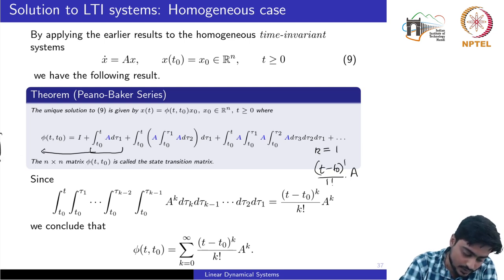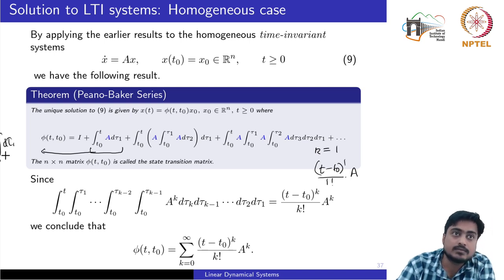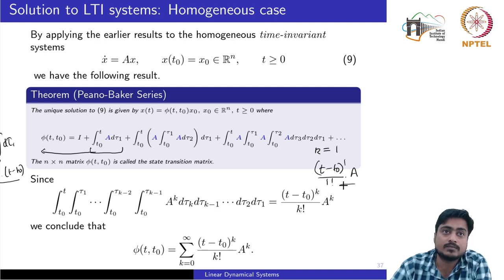It would be the integral from t0 to t of d tau 1, and this one is basically given by t minus t0. Just for better visualization, you can also consider k is equal to 2 and k is equal to 3, to understand that the solution of the kth term would be given by this one.